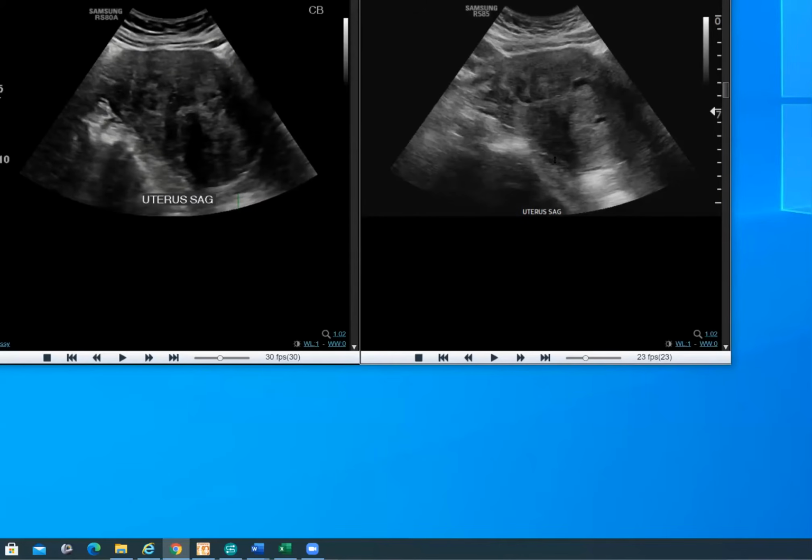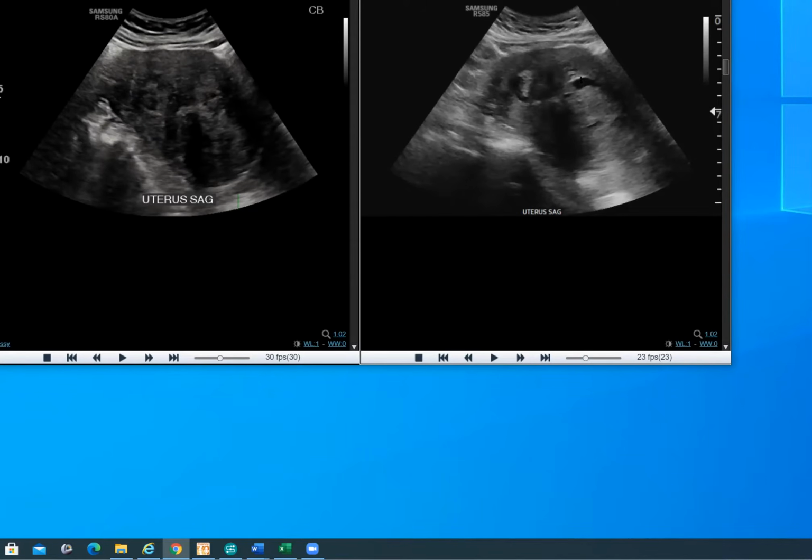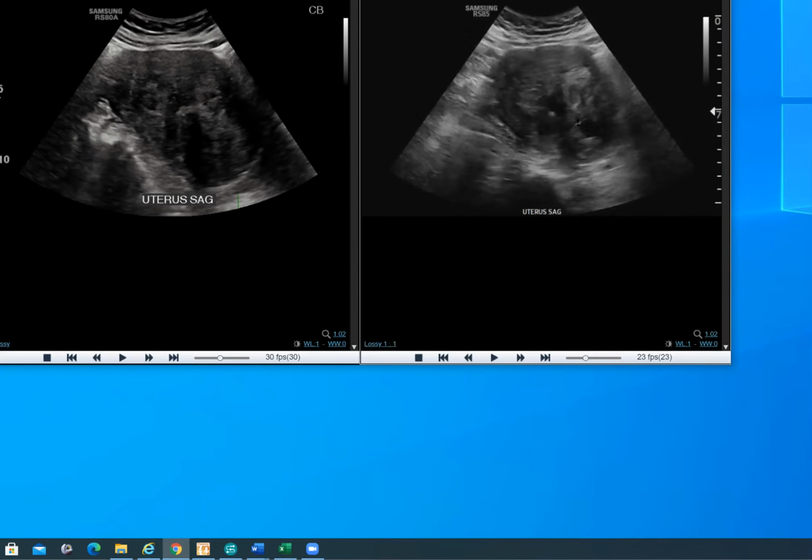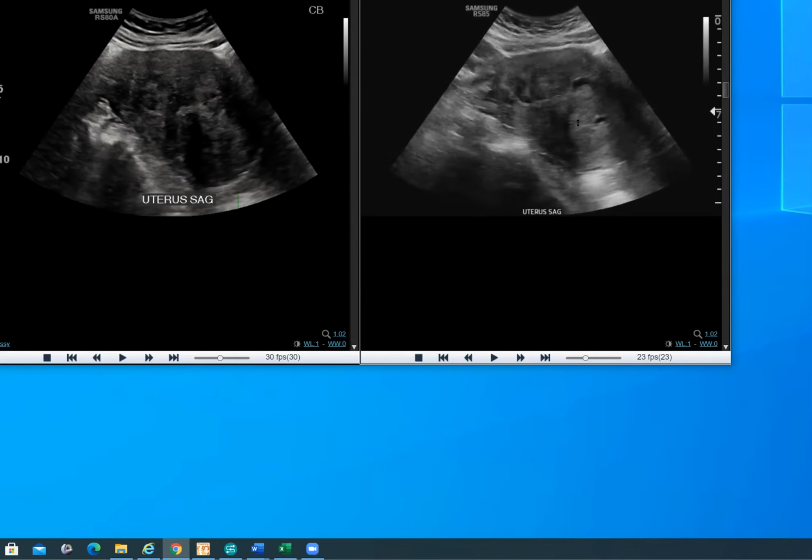But in this case, you can see that the endometrium is actually this echogenic part right here. It's quite thickened, especially in the presence of postmenopausal bleeding, and there's some cystic areas within it. So this ended up getting biopsied and was carcinosarcoma of the uterus.